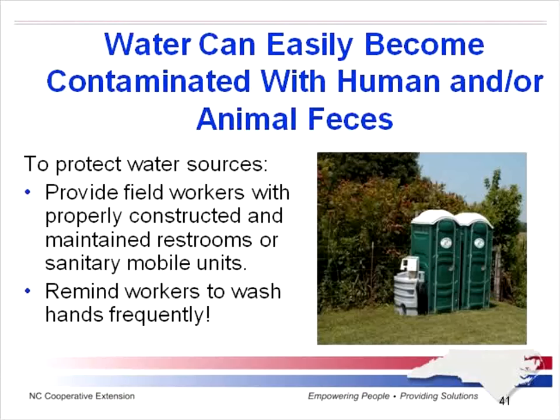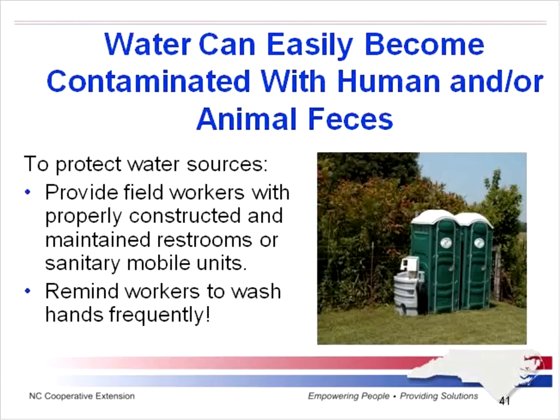You should recognize also that water can easily become contaminated with human or animal feces. So just like in all of the other good agricultural practices modules we've discussed so far, you want to make sure that you provide workers with adequate numbers of field restrooms, and provide those restrooms in a location that's close to the field.